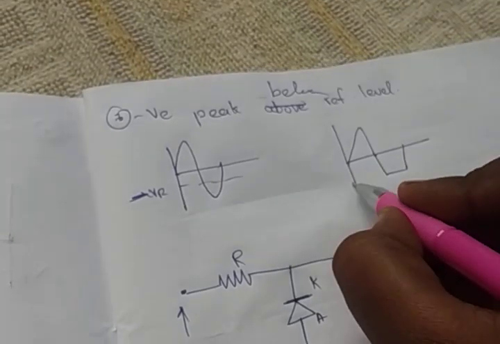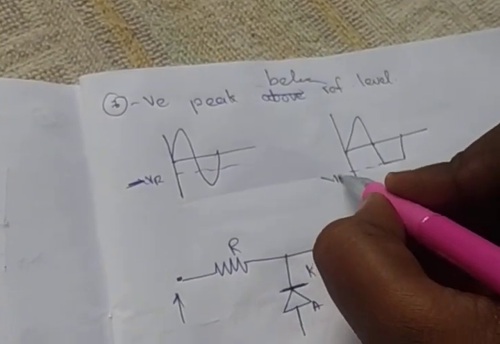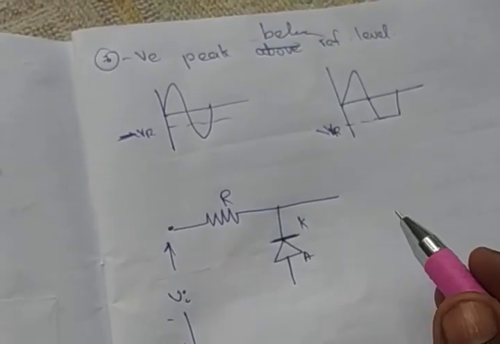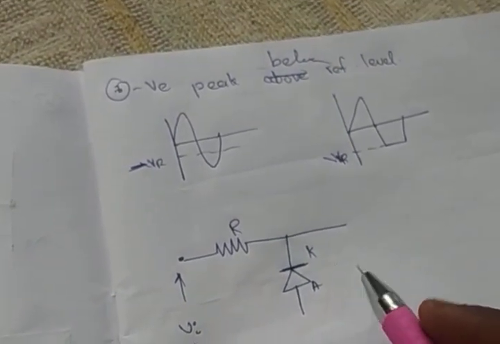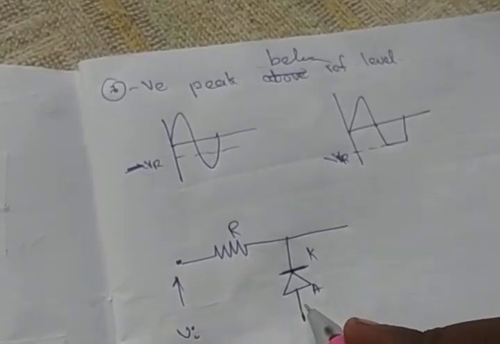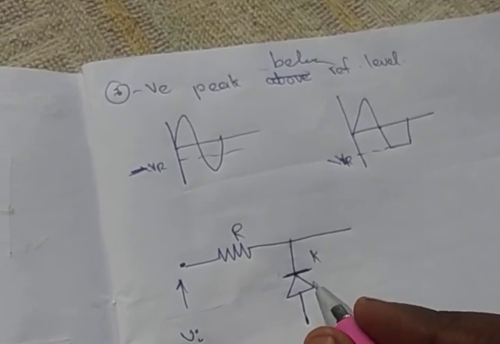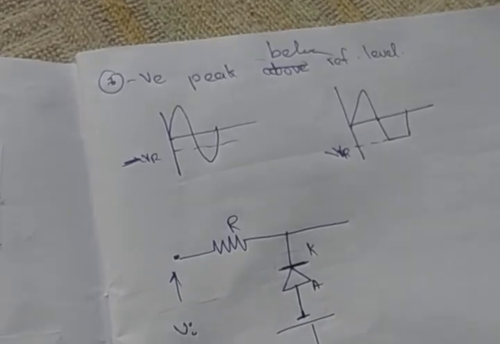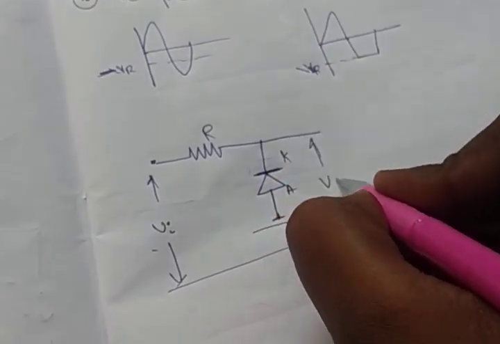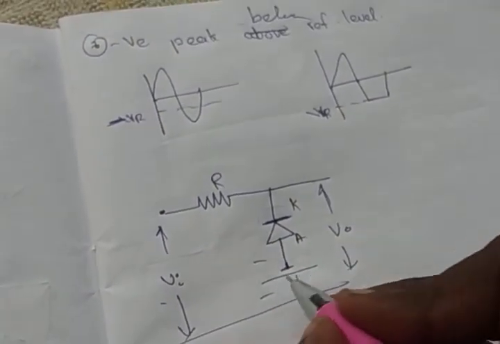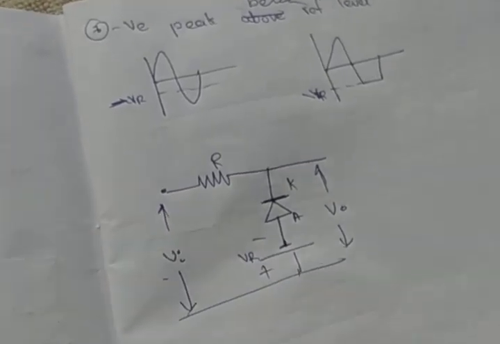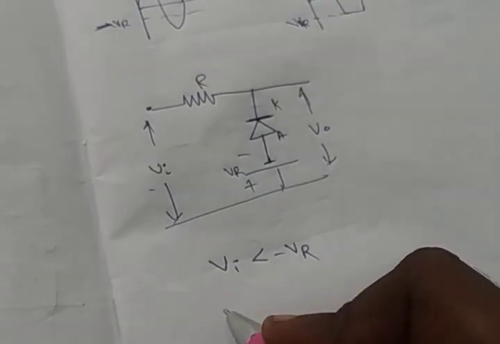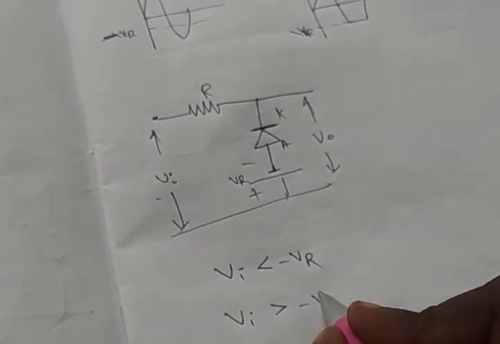So up to minus VR, what will be the condition of the diode? The diode should be in reverse biased condition. So we have to reverse bias this diode, and for that reason I am connecting a negative terminal here. Across this we are taking our output. This minus is plus. So again, Vi less than minus VR condition, and Vi greater than minus VR condition.